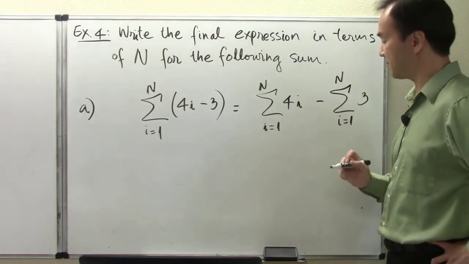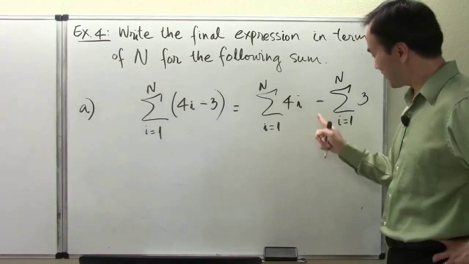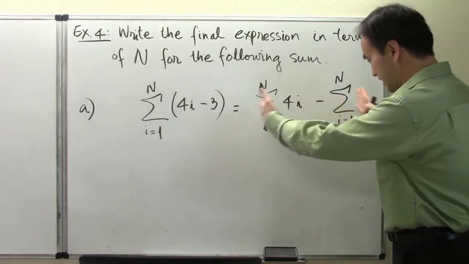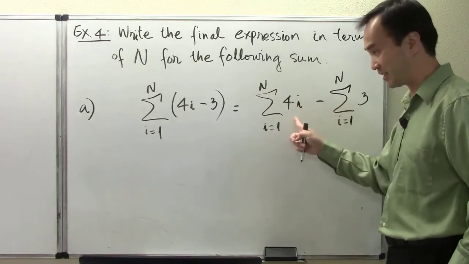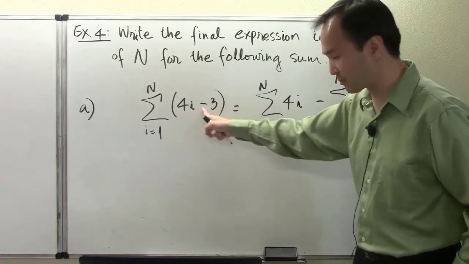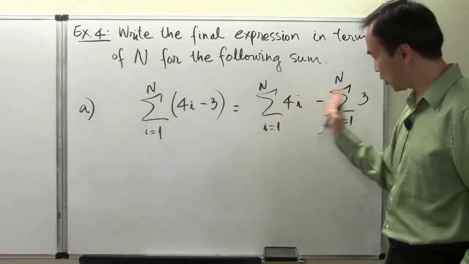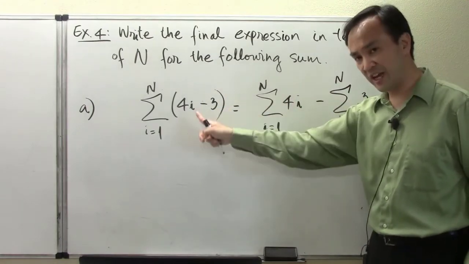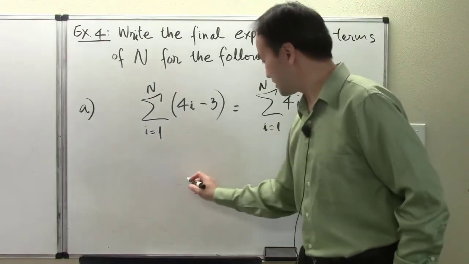That came directly from one of the rules we've written down earlier, which allows us to break a summation into two separate summations on the two separate terms. Particularly here it was a subtraction, so I have to write the subtraction of the two sums in the order that was indicated from the beginning.